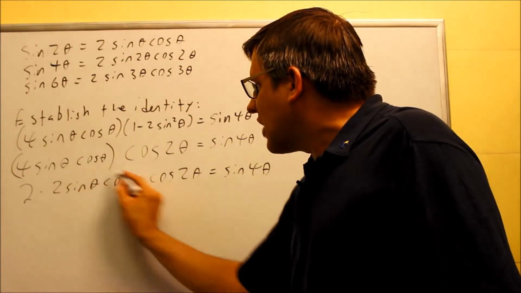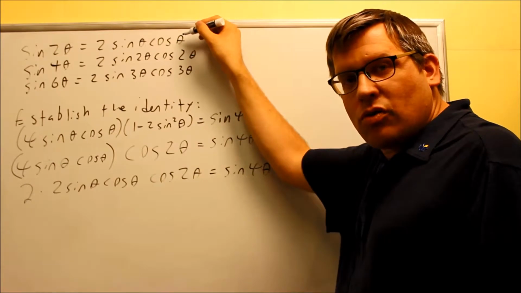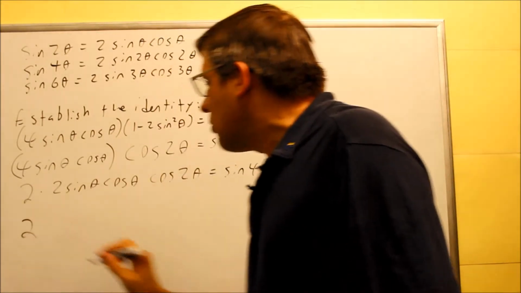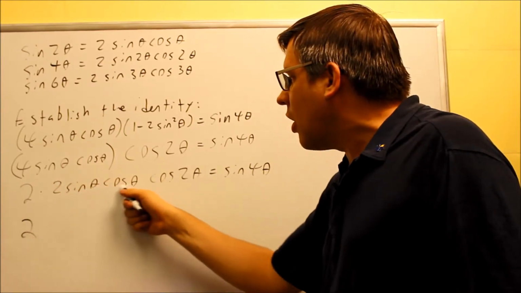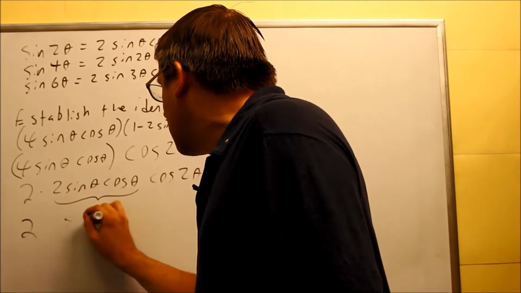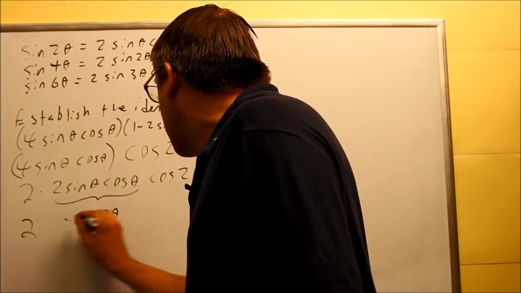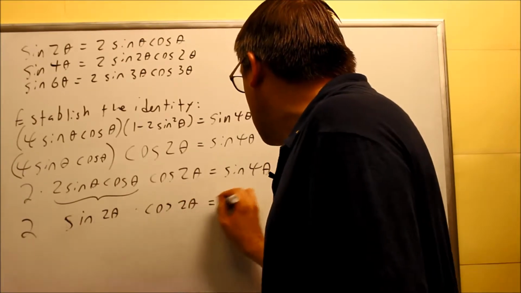Now this part, because I've separated it, this whole thing now turns into sine 2 theta. So the 2, I'm just going to bring that 2 straight down there. This whole thing here, 2 sine theta, all of that, this whole thing, gets written as sine of 2 theta. And then this is going to be cosine 2 theta here.